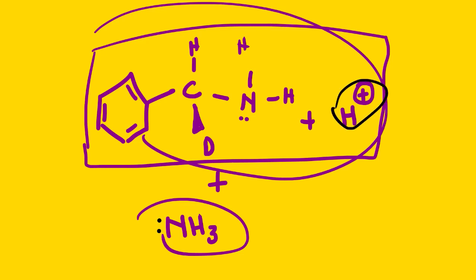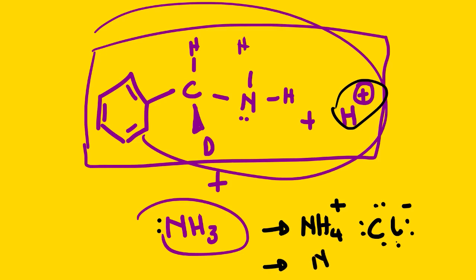This ammonia will react with this hydrogen to form NH4. We know very well that NH4 is positive. It's another polyatomic ion we've learned in Chemistry 1501. And then this polyatomic ion will react with our leaving group, which is chlorine, to form NH4Cl, ammonium chloride.